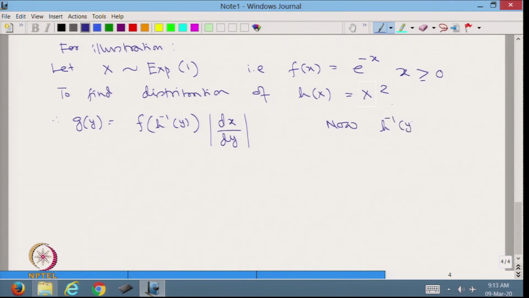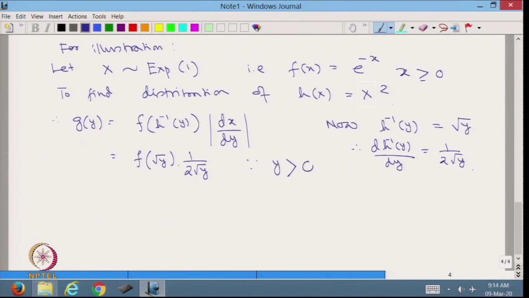Now, h inverse of y is equal to root over y. Therefore, d h inverse of y dy is equal to half root y. Therefore, this equation becomes f at root y multiplied by 1 upon 2 root over y, since y is greater than 0. Therefore, this is valid.